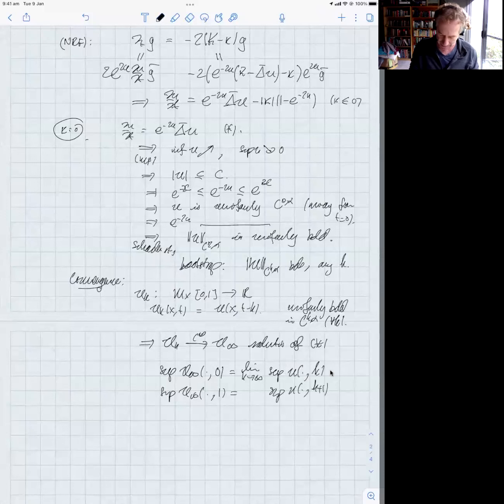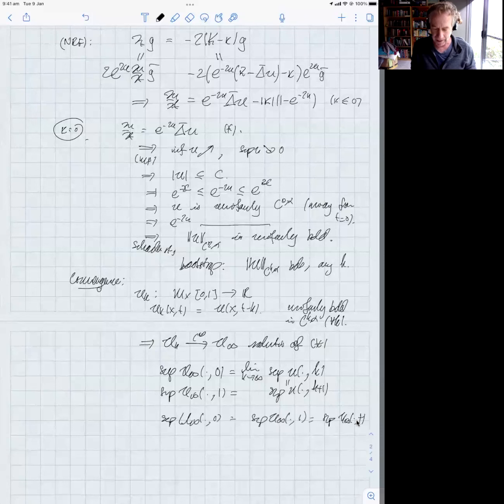Okay, but this is the same limit, right? So these two limits are the same. So this limiting solution has supremum constant in time. So sup u infinity at time t is the same for every t between 0 and 1.